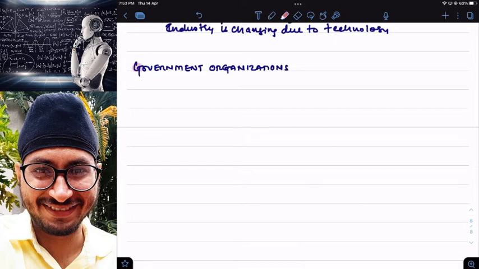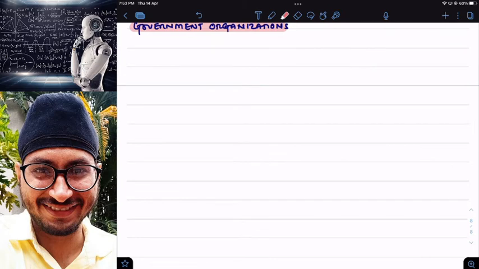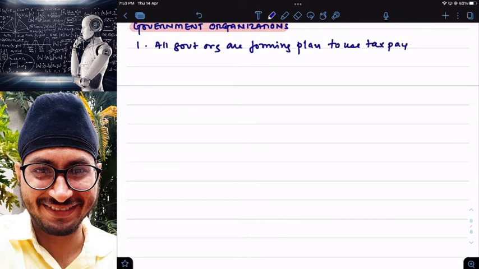Then we have government organizations also. Examples of strategic management in government organizations. Example number one: all government organizations are forming a plan to use taxpayer money.